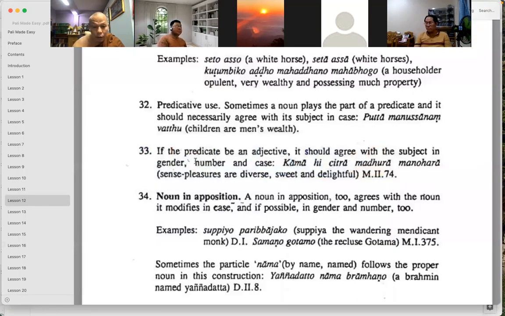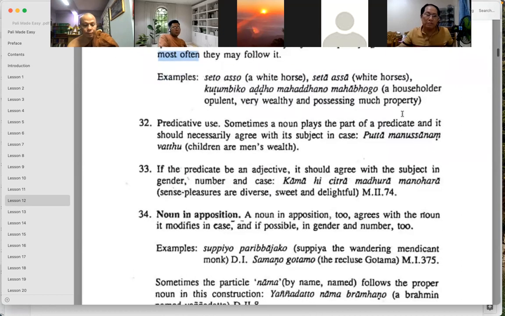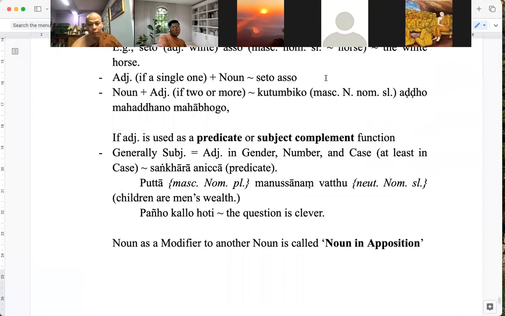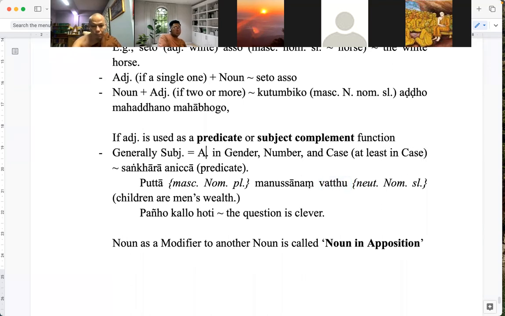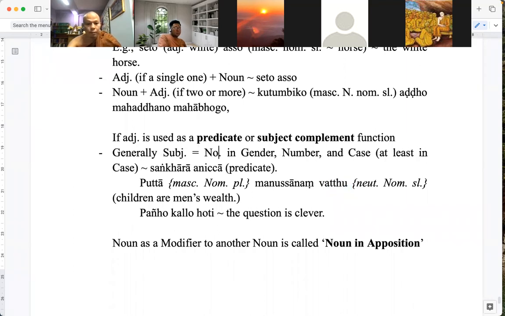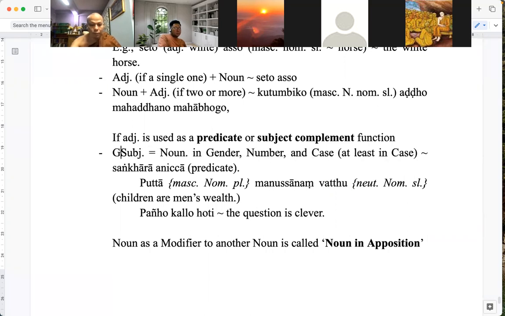And then here, if the predicate is an adjective, it should agree with the subject in gender, number, and case. Sorry, a little bit complicated way of explanation. Here, this virtue is a noun. So the subject and predicate are nouns.